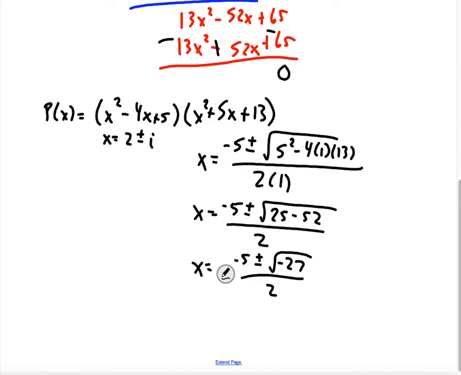So square root of negative 27, break that down. What times what gives you negative 27? Oh yeah, negative 1, a 9, and a 3. So square root of negative 1 there is i, square root of 9 there is 3, so I have a 3i.